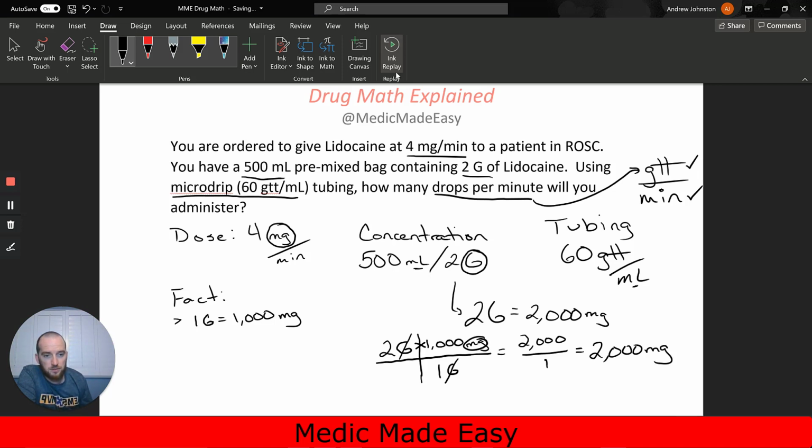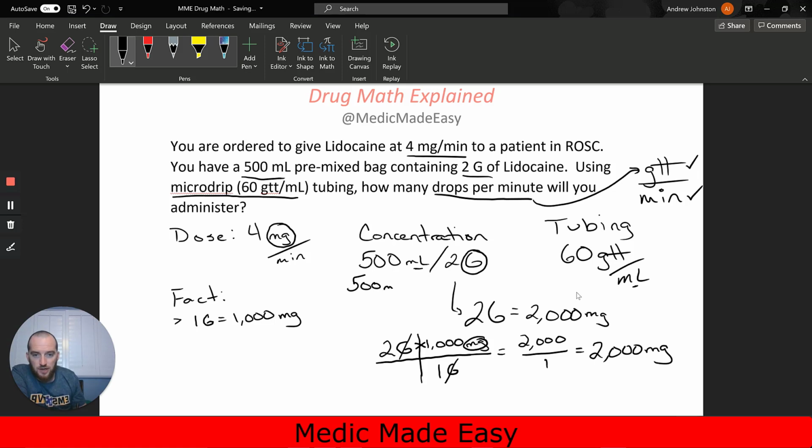A lot of you probably saw that if 1 gram equals 1,000 milligrams, then 2 grams equals 2,000 milligrams, and you're good to go. But that's the way to set it up if you were ever unsure about how to make that conversion.